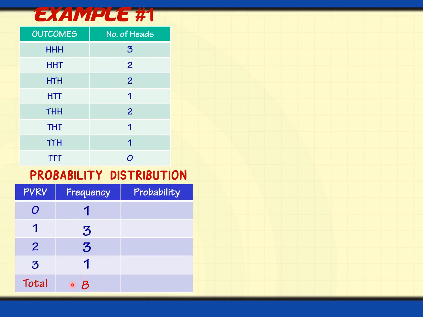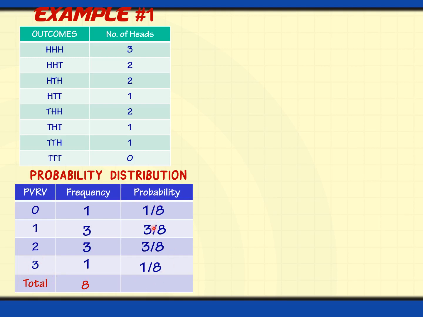Since we have here a total of 8, the chance of getting no heads or 0 is 1 over 8. And the chance of having one head is 3 over 8. Having 2 heads is also 3 over 8, and you have 1 over 8 for 3 heads.